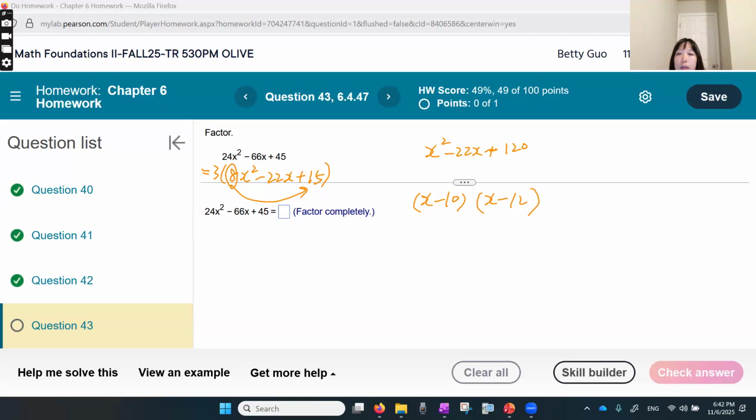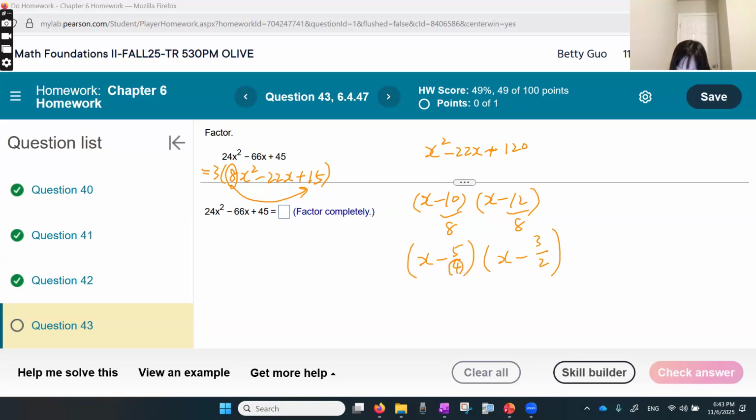Both of them are negative. Negative 10 plus negative 12 is negative 22, and negative 10 times negative 12 is 120. Divide by 8, the one you slid earlier. Simplify 10 over 8: 5 over 4. This was x minus 12 over 8, 3 over 2.